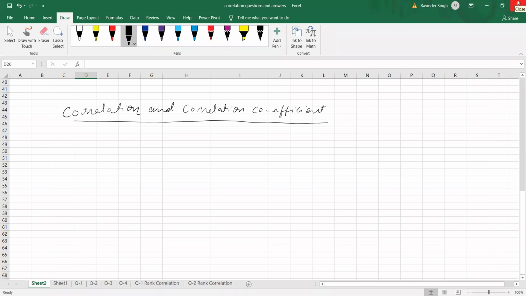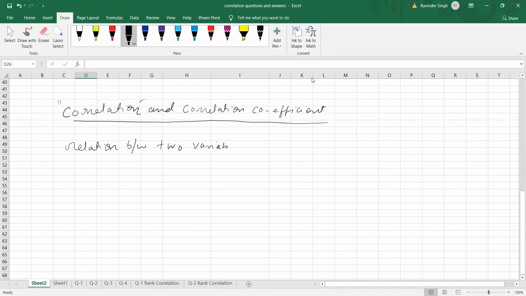So today the next part of the chapter is correlation and correlation coefficient. Before I move on to the actual data, let me brief you about what correlation and correlation coefficient are all about. The term correlation gives the relation between two variables.